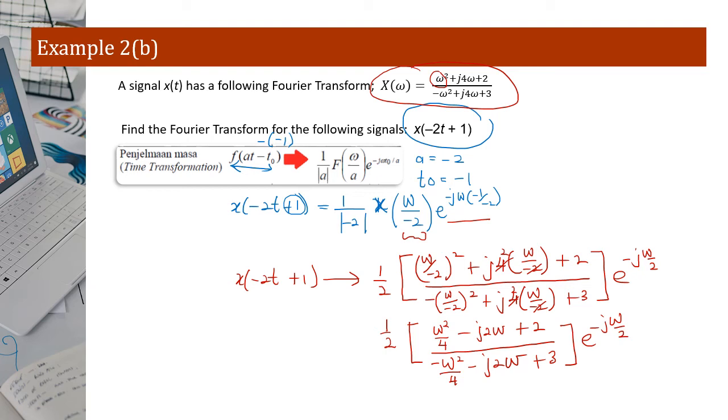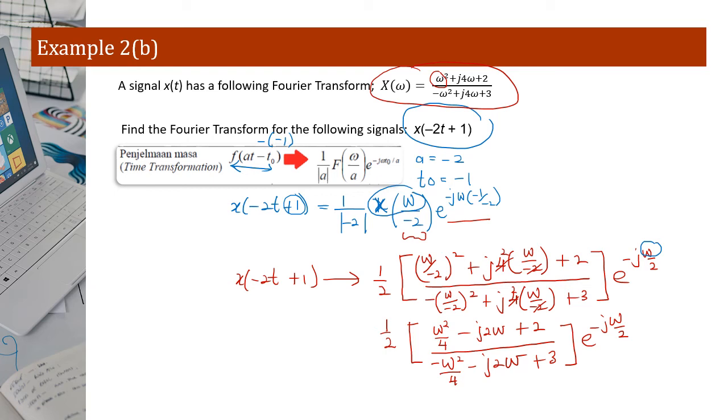You can simplify the equation further if you want, but please take note there's another omega here. Do you think that this omega needs to be divided by negative 2 or not? You don't need to replace this omega by omega divided by minus 2, because only the X(omega) is affected by omega divided by minus 2.